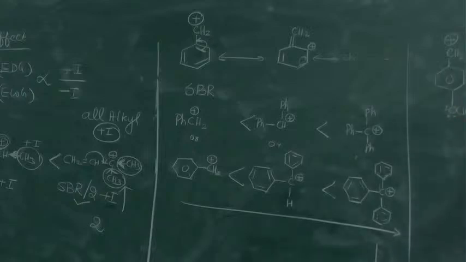Here we have a CH3. Next, we have CH2 plus, here for X take Cl. Next, simple CH2 plus. Next, CH2 positive with NO2 here.